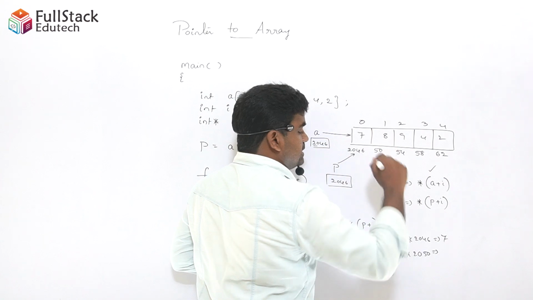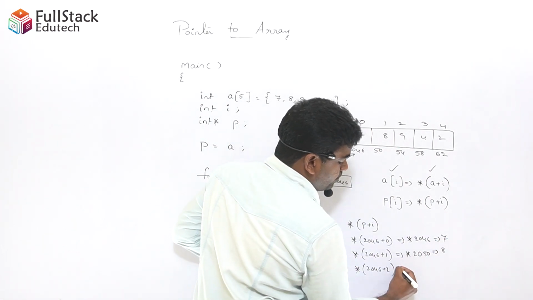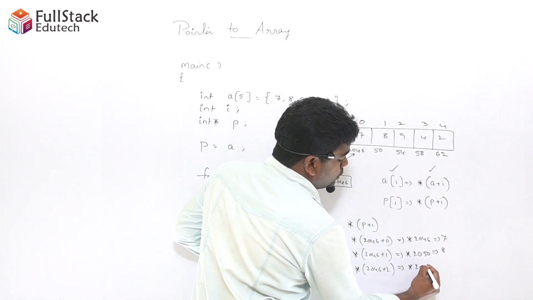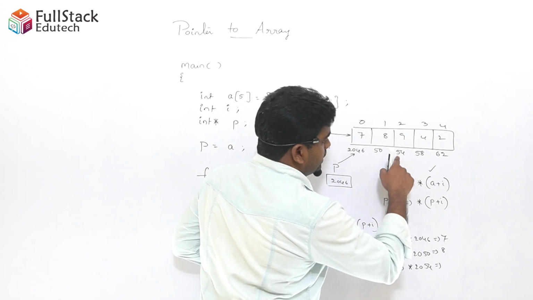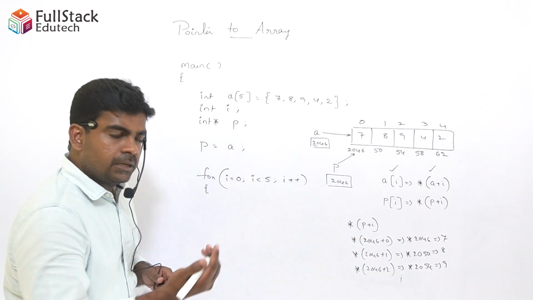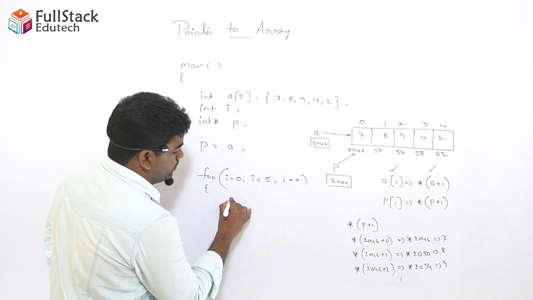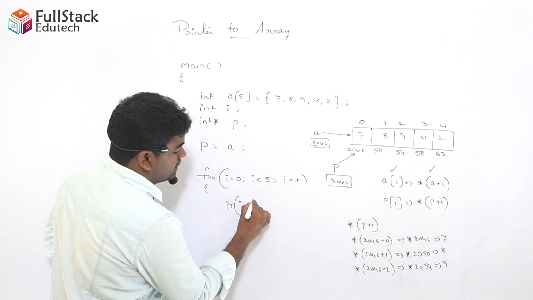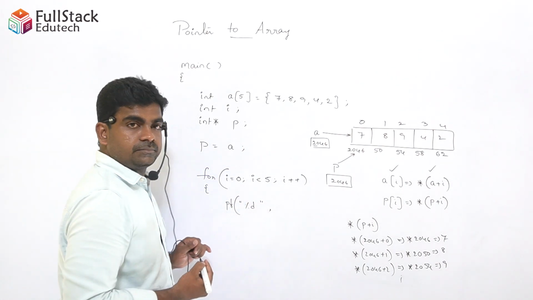What is the value which is inside? That is 8. Then 2054, that value is 9, like this it will display. So sir, how can we display? printf %d.